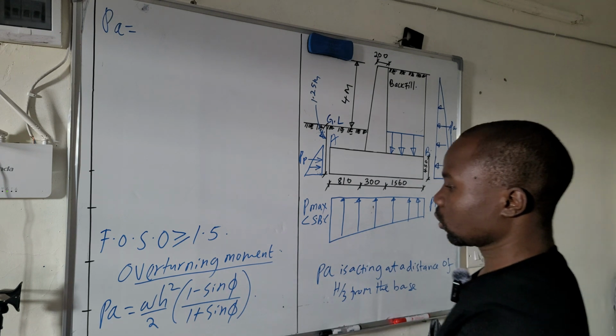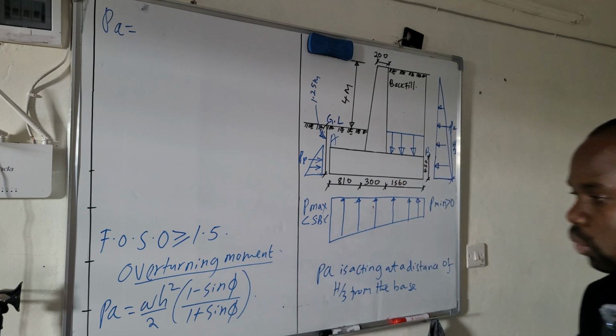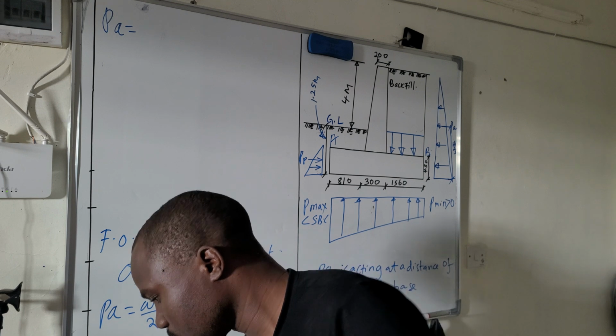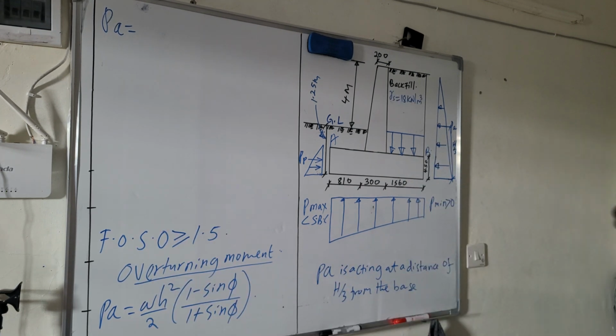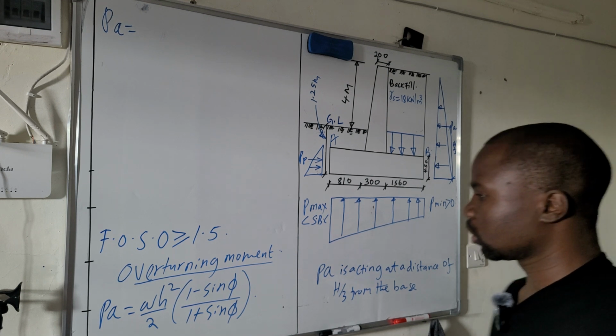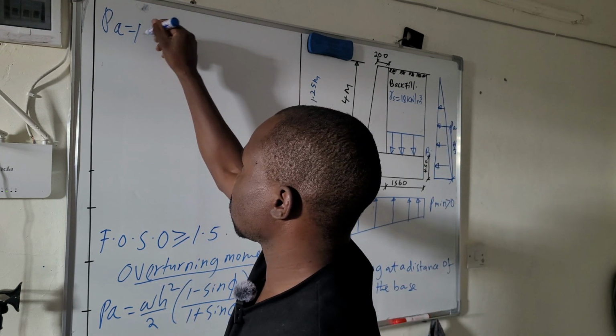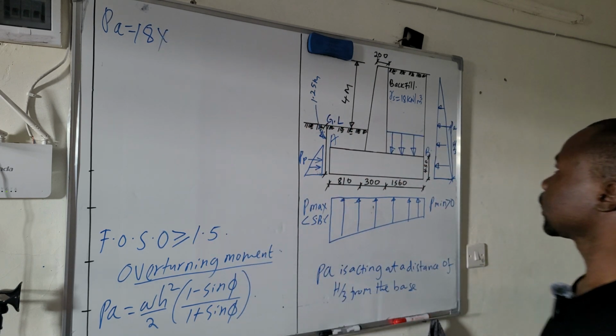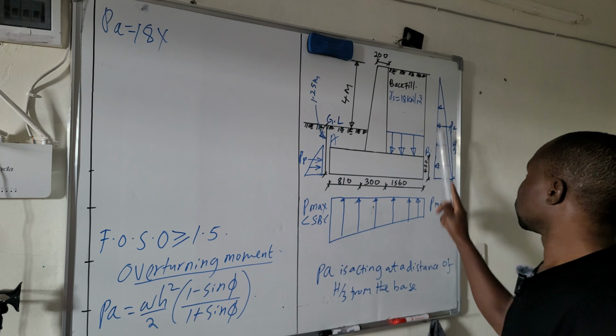So it's equal to the unit weight of the soil, which is 18 kilonewton per meter cubed. So this is W, which is 18 times H. H is this distance from here to here.